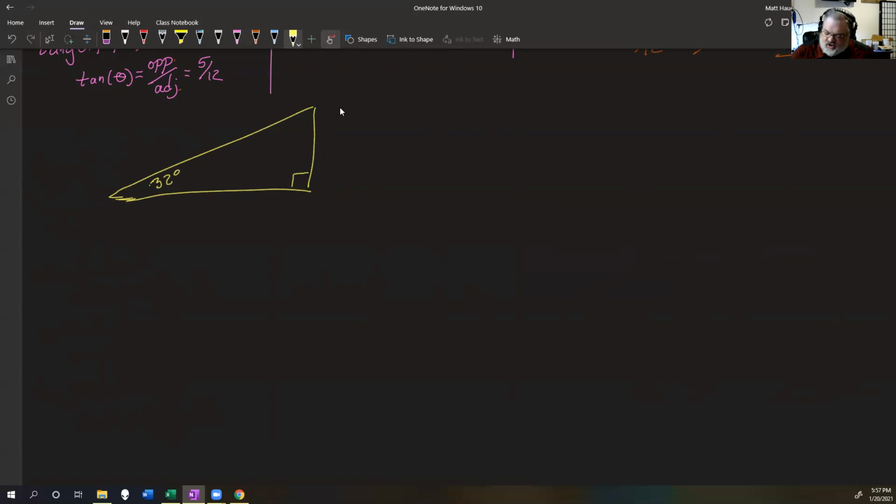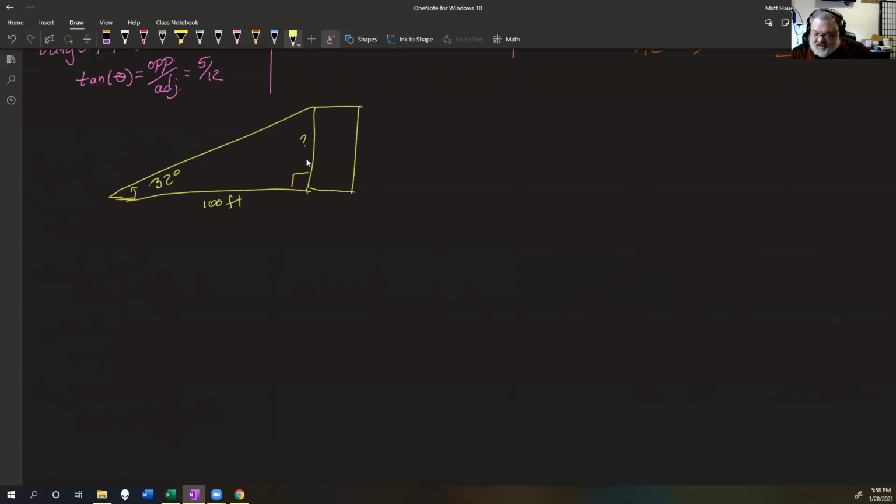And let's say this is some sort of building, and we are 100 feet from that building, and we want to know if our eye line to the top is 32 degrees, how tall is that building? Just a fairly straightforward geometric question.